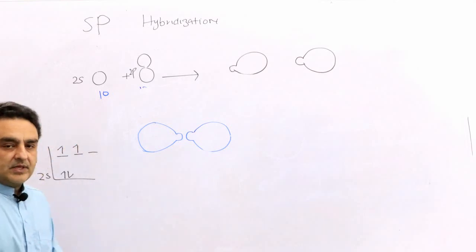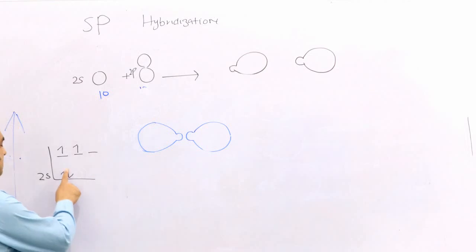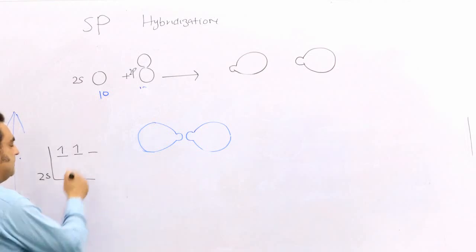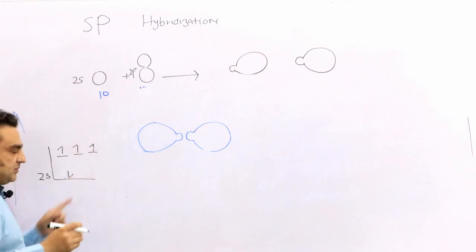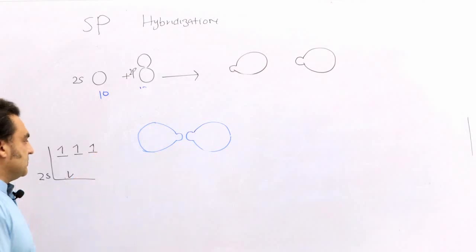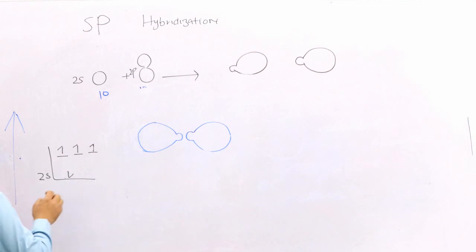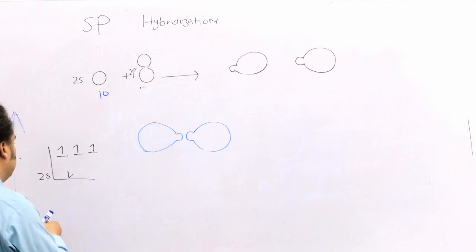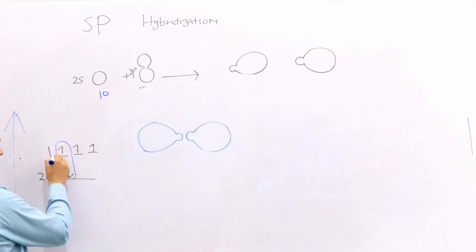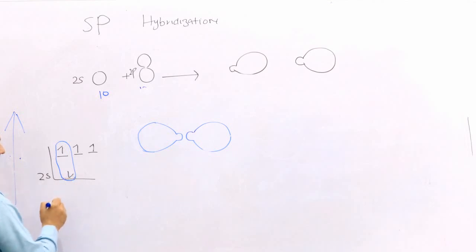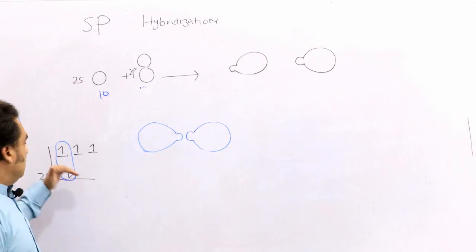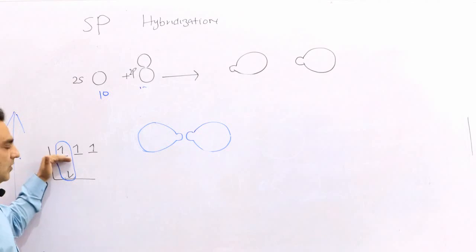But now when an excitation takes place, this one electron moves upward. It could be px, py, pz, so don't worry about those. Now what happens in sp hybridization? These two orbitals mix together and form a bond. So these two make a bond.